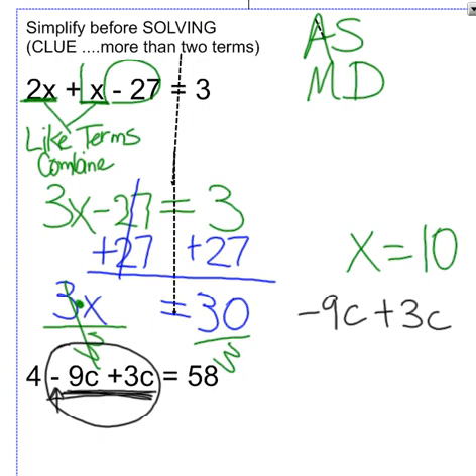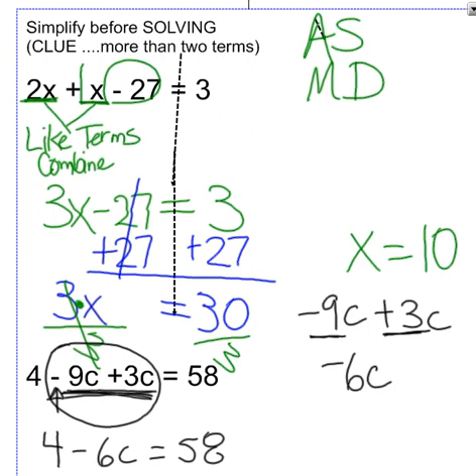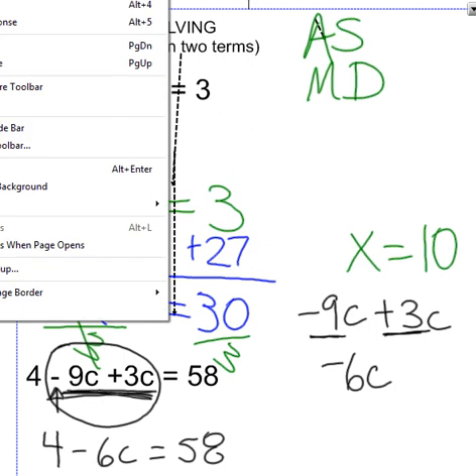So really I have negative 9 plus 3. When I combine those, I have a negative 6c. So this simplifies to negative 6c. So 4 minus 6c is equal to 50. Let's see if I can figure out how to do this really quick.